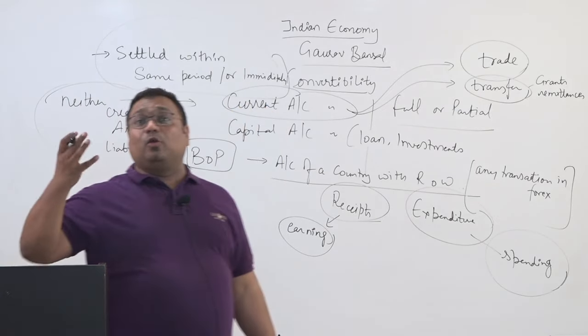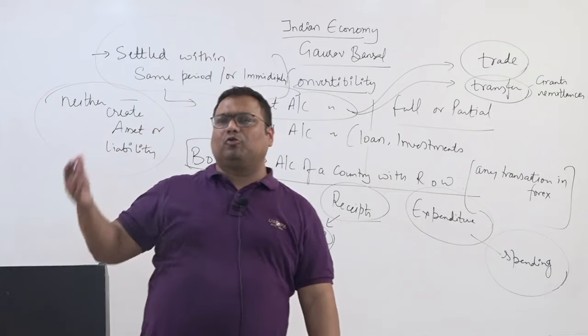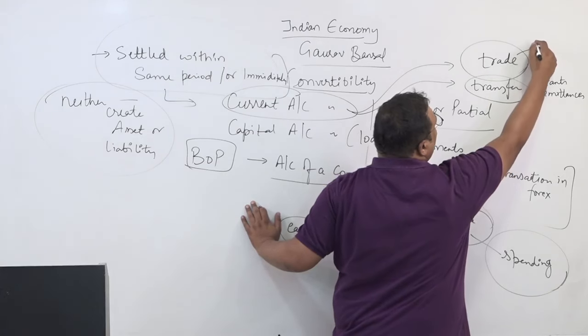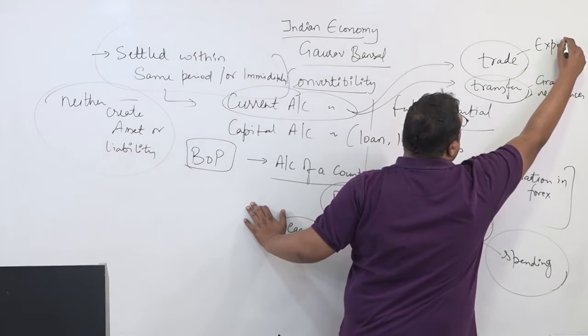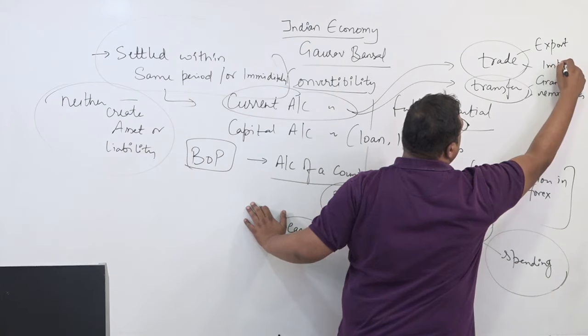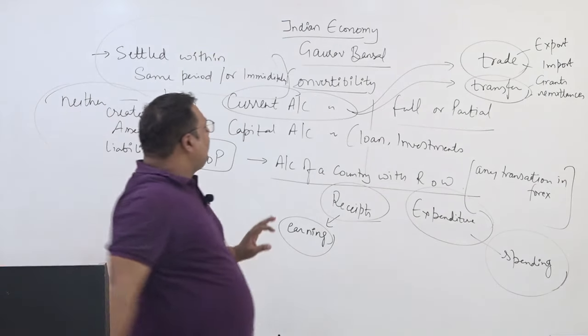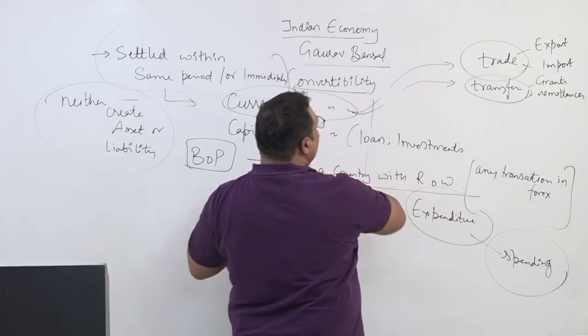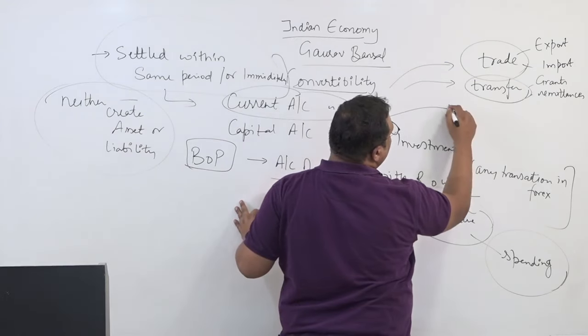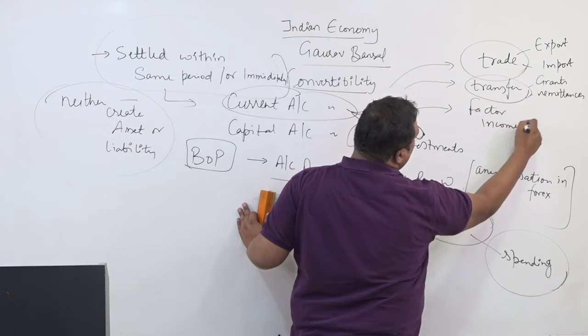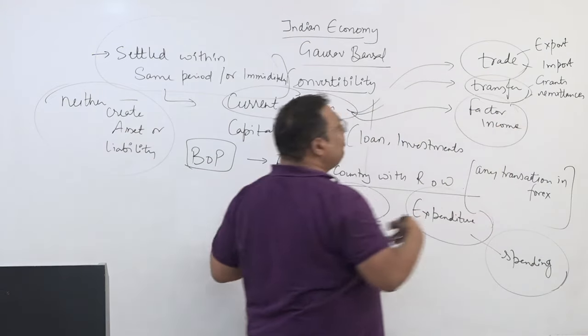So India receives a lot of remittances from abroad, because there are so many Indians who live abroad who send money back to their family. Similarly, export and import are trade. Now similarly, we have one more entry here in the current account, and that entry is about factor income. So we receive factor income and we also pay factor income.